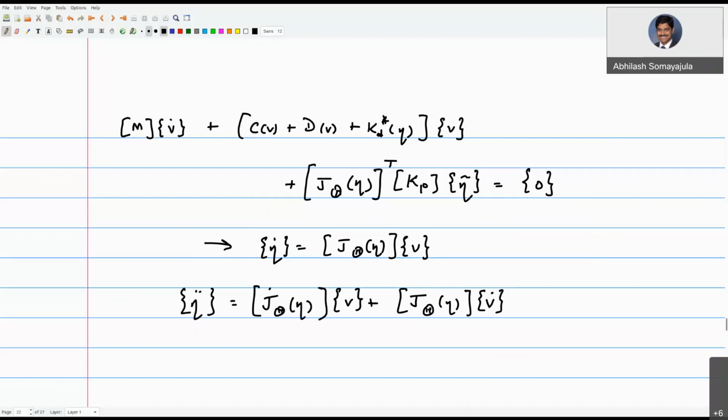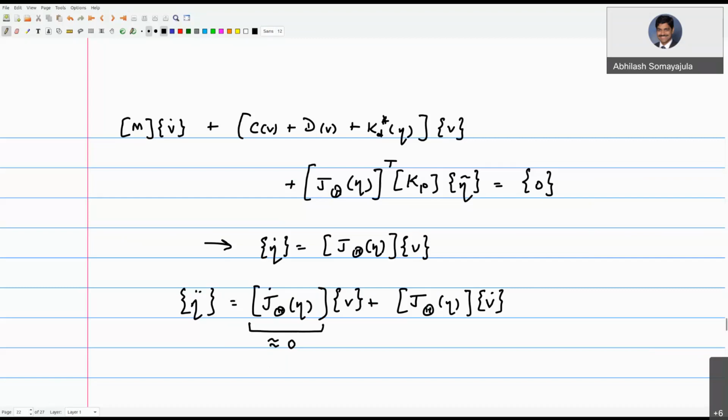Now we assume that the Euler angles are not changing drastically, so at least we'll assume that this derivative term is approximately equal to 0. We are assuming that our angles are not changing too drastically over time, which means we are looking at milder trajectories.